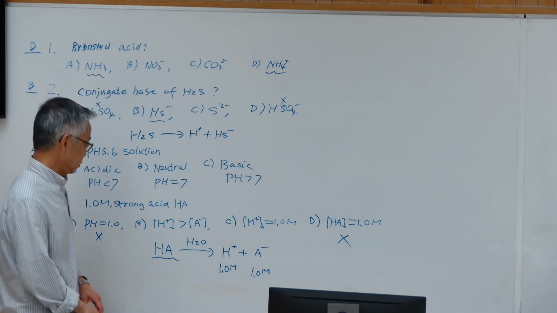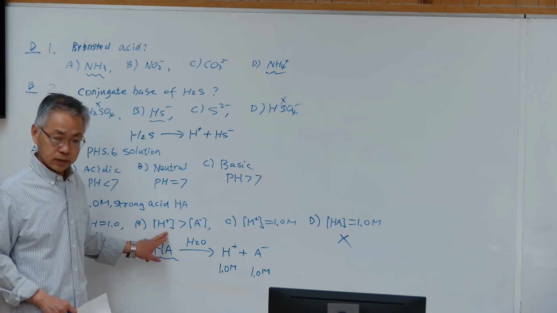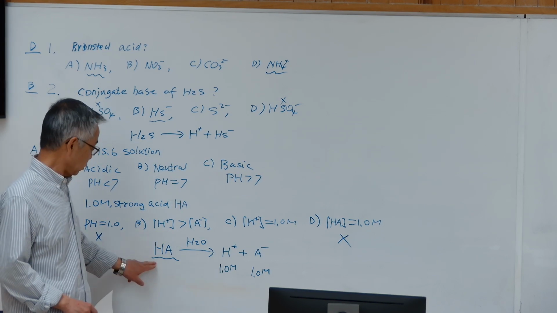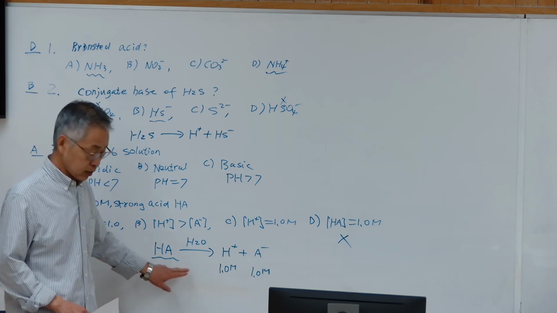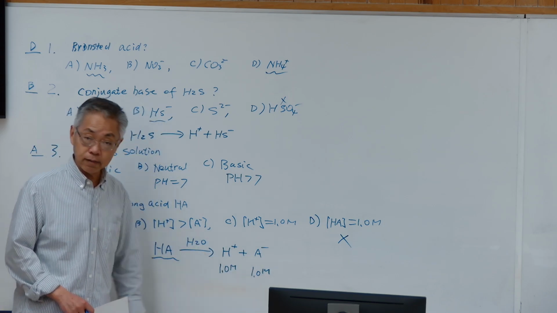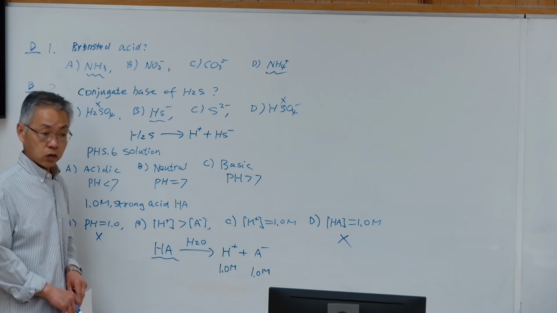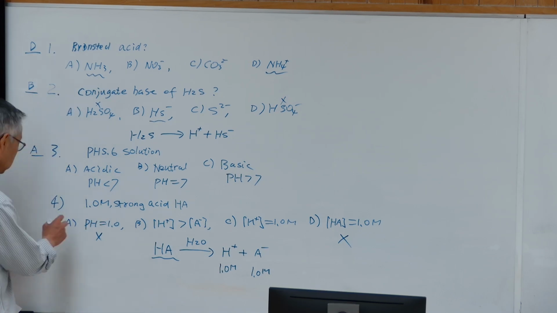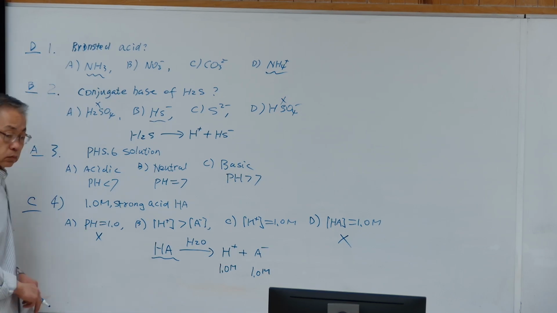Okay. Then how about this? Then clearly there's only 1 hydrogen and 1 A minus. These two are exactly the same, right? So this is also not correct. So your choice is only C. Are you okay with this?